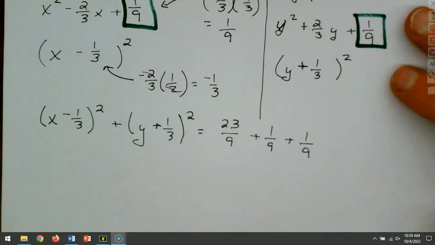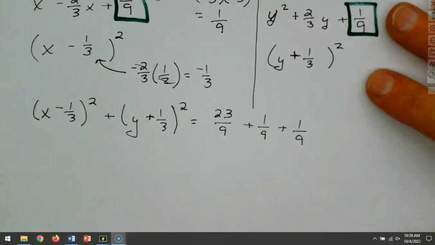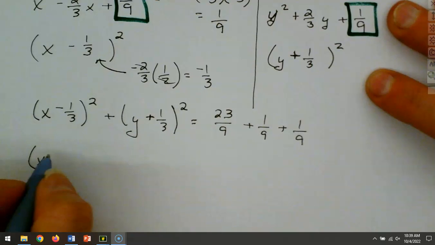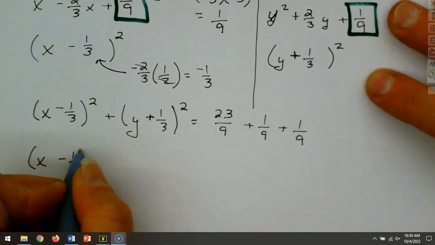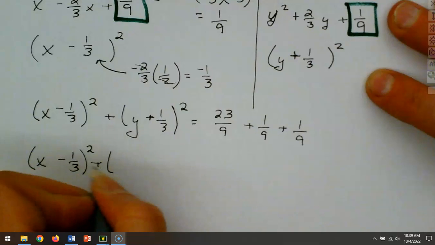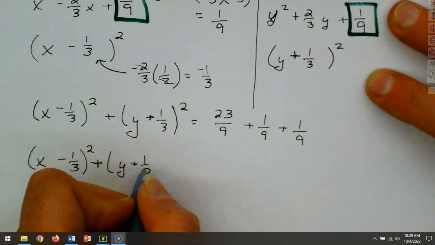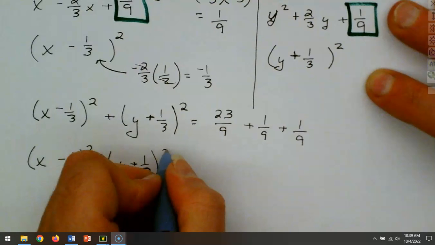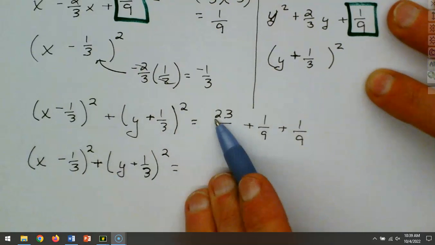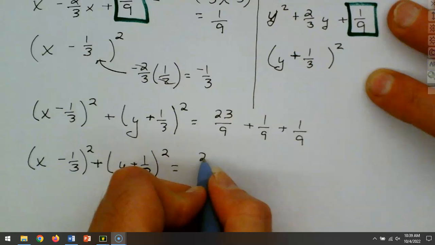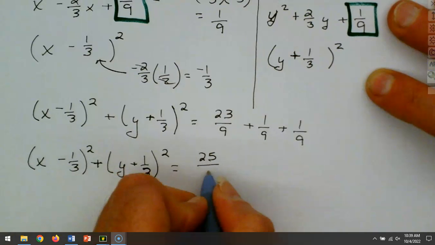The good thing is they're all going to go together. So we're almost done. We've got x minus 1/3 quantity squared. We've got y plus 1/3 quantity squared. And what about these? These are the same. So that's 25/9.